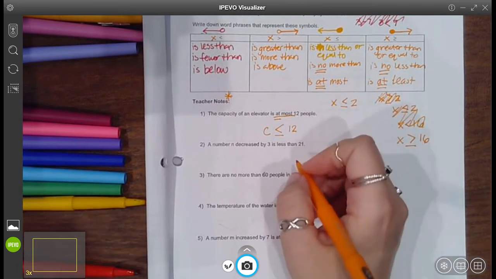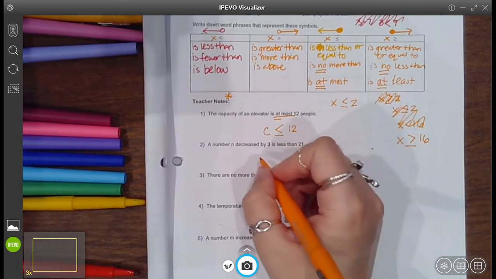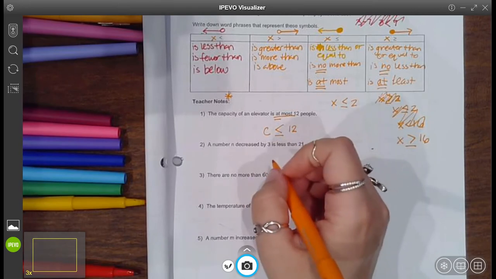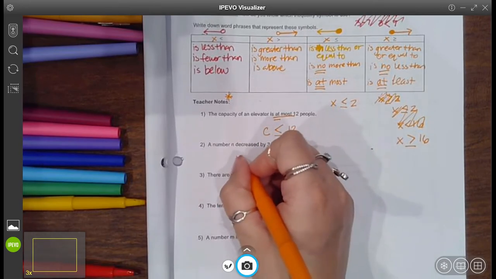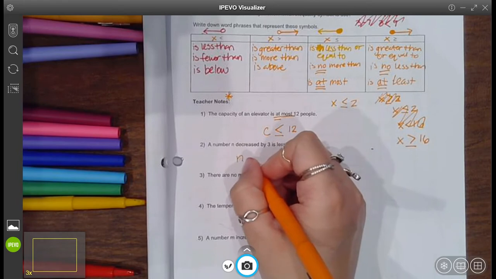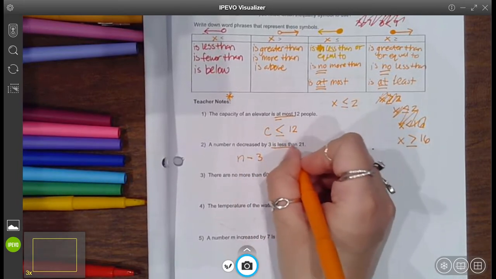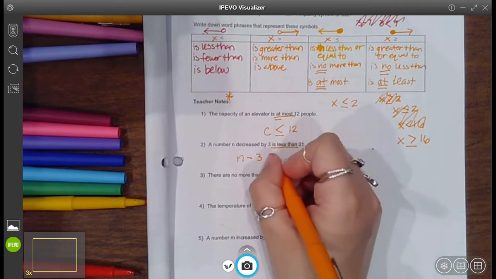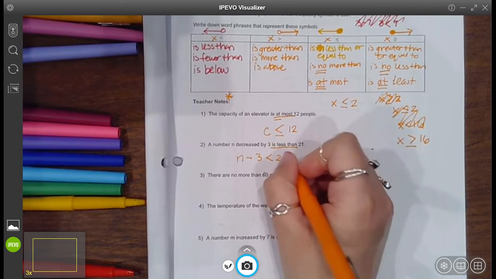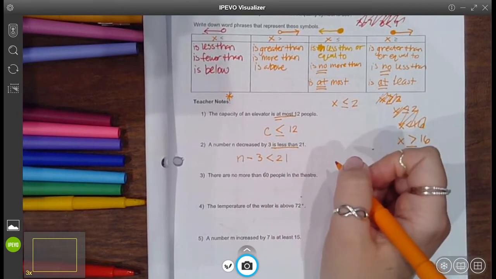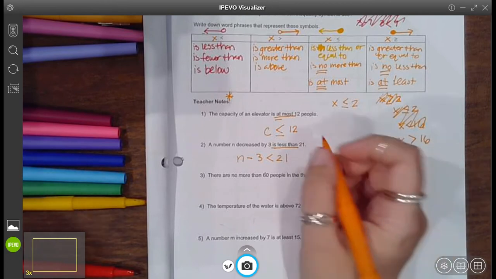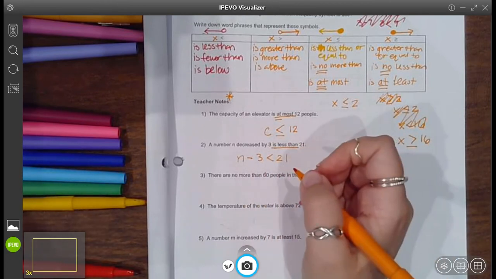Okay, let's try this one. A number n is decreased by 3. Okay, so a number n decreased by 3 is less than, that's just a normal is less than sign, 21. If you were asked to solve this to get n by itself, think of this like a normal equation.